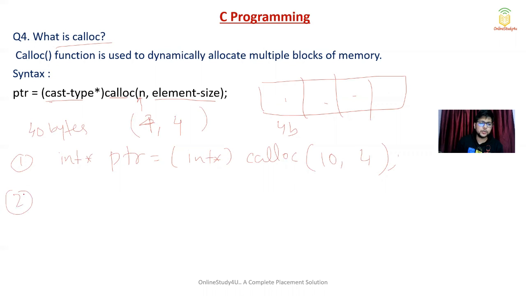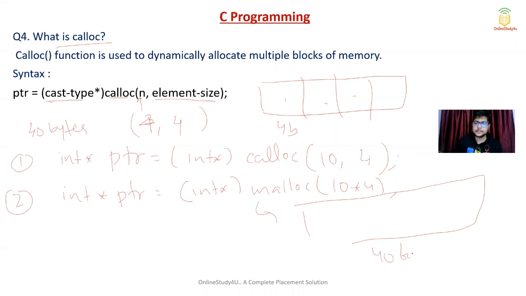And similarly, I want to do it using Malloc. So I'll say int *ptr = (int *)malloc(10 * 4). As simple as that. So this will create a contiguous block of memory, a single block of 40 bytes.